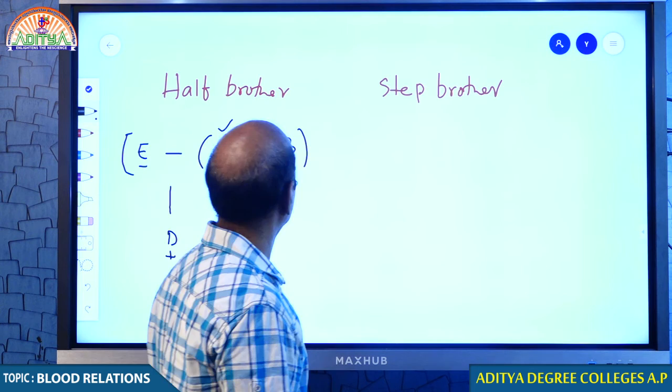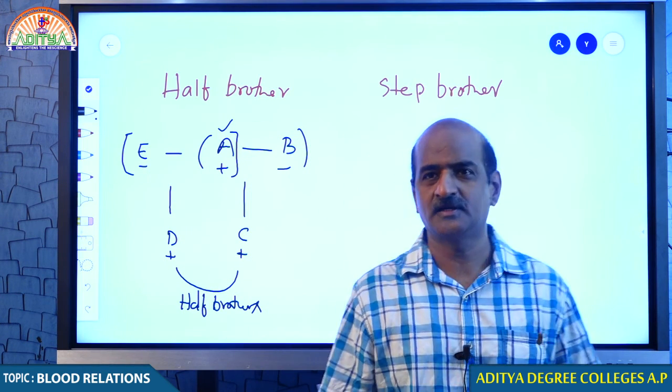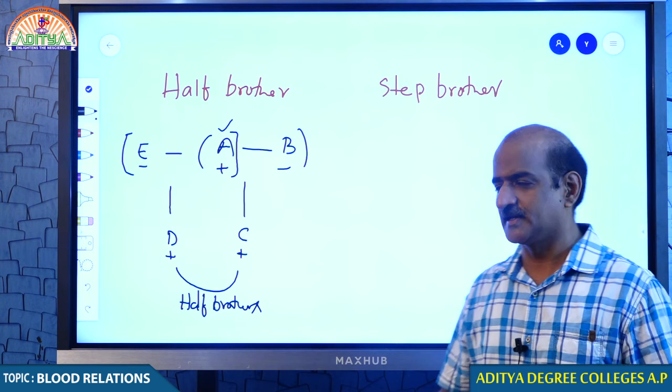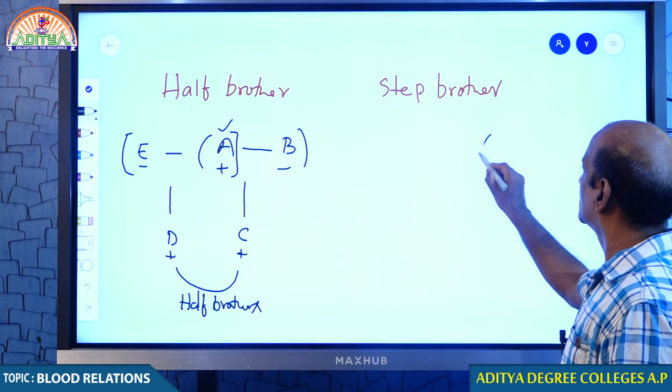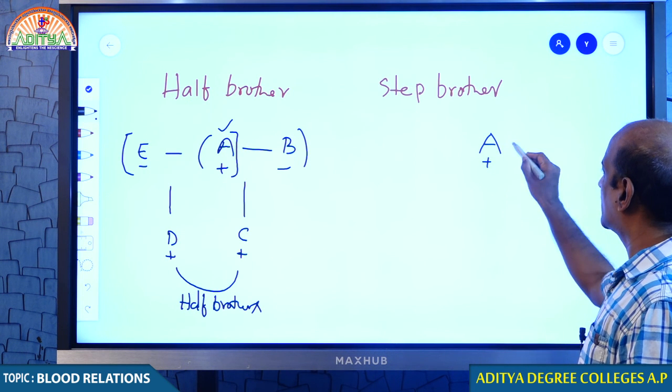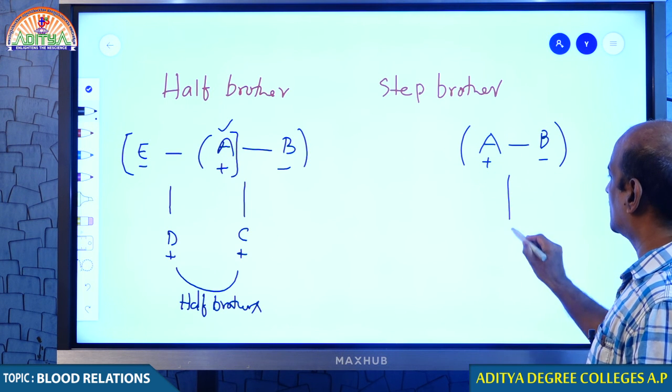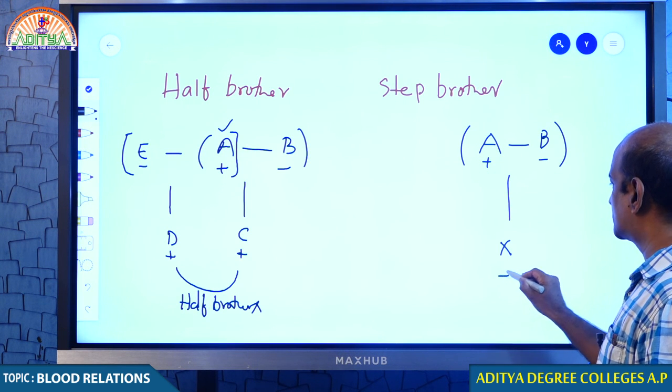Now, let me come to step brother. When the concept of step brother arises, for example, let me suppose that A and B are a couple, they have a son X. Okay, students?